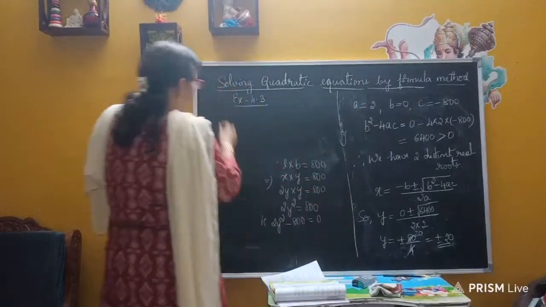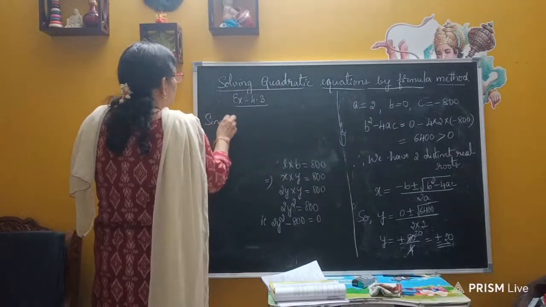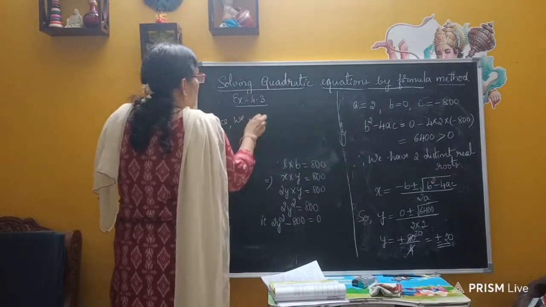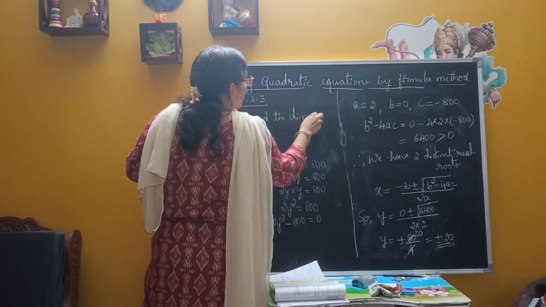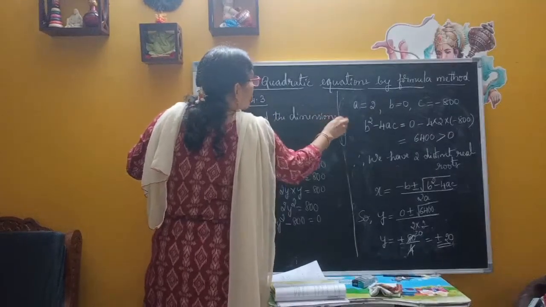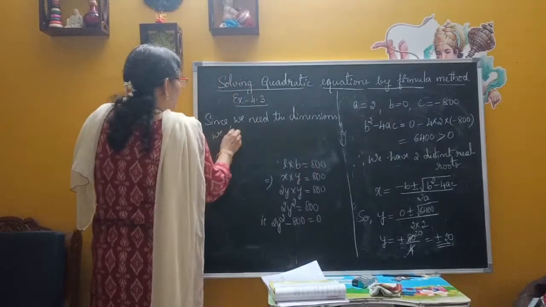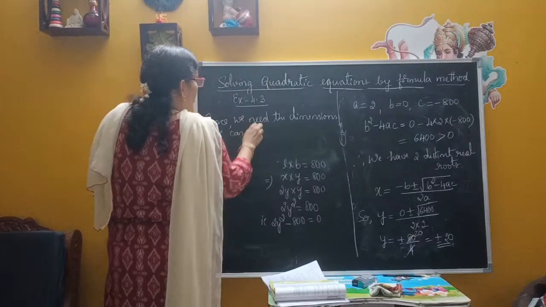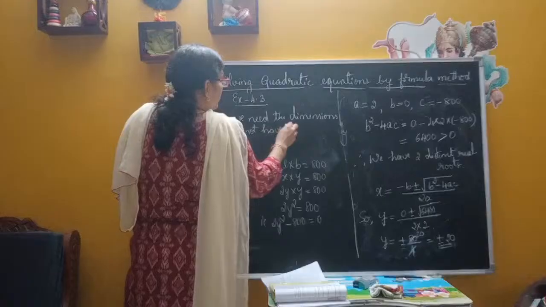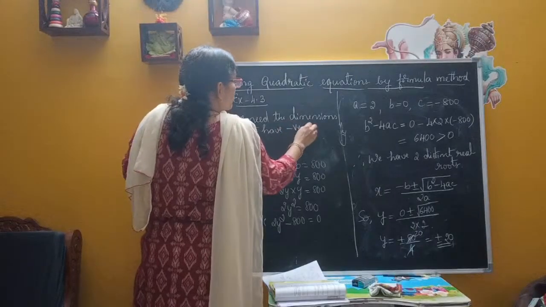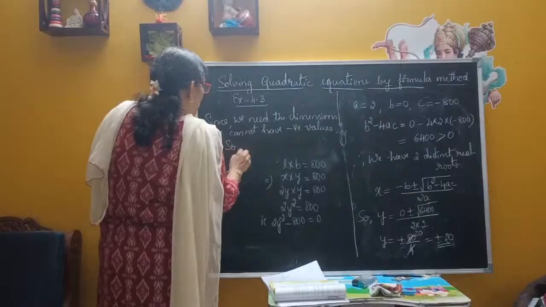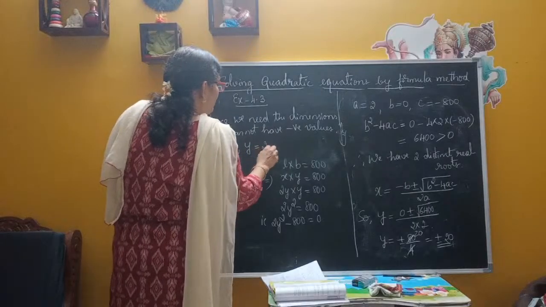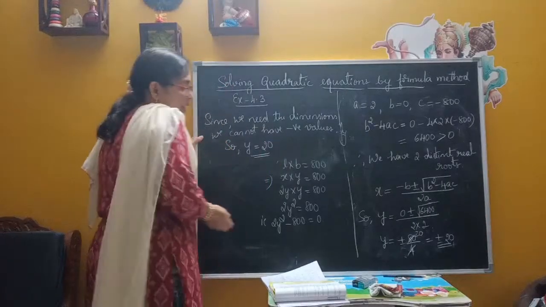Since we need the dimensions, that is length and breadth, we cannot have negative values. So y is equal to plus 20 is the required answer.